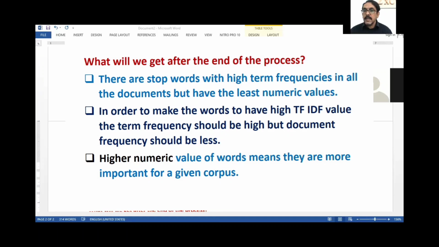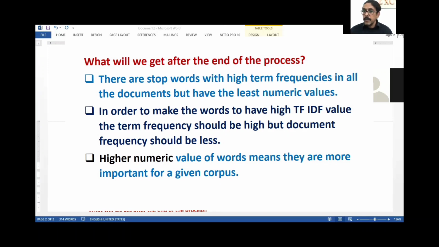You can see that I is repeated multiple times, but see the value of it. It's 0.176. In the same way, check also and, these are all stop words. Few words which are very rare like good, like health, have got higher values. So stop words with higher frequency in all the documents have the least numeric value.